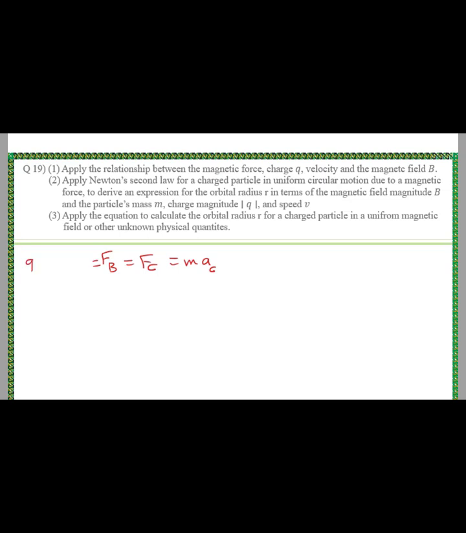F_B is q v B sin theta. So we can get the acceleration as q v B sin theta over the mass.